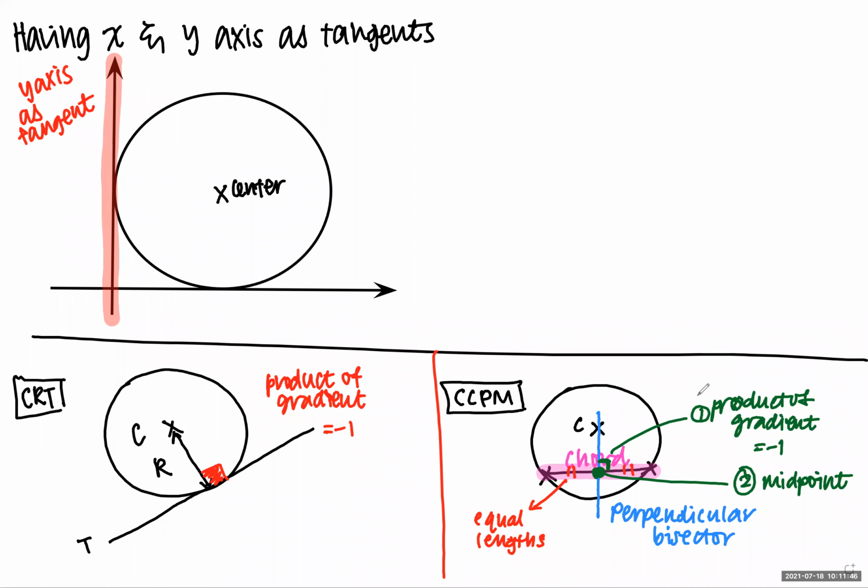All right, so right now we're going to do the next part, that is having X and Y axis as tangent. So now, guys, if it's tangent, immediately what comes to your head? CRT or CCPM? Yes, CRT. Now, why CRT? Because tangent always goes with who? Who is the partner of tangent? Radius. So can you see I got center, C, and the tangent.